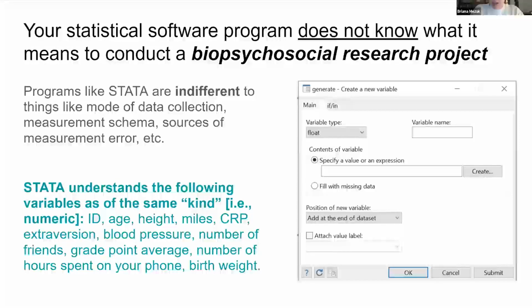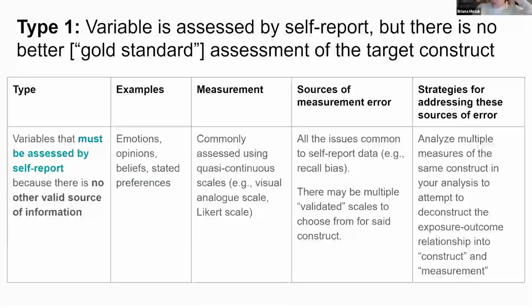I tell you this to drive home the point that the answer to what to do about these different sources of error between biological measures and psychosocial measures does not exist within Stata or R or SAS, but rather the solution is within you as an interdisciplinary scientist. So what I'd like to spend a little bit of time on now is a variable typology.